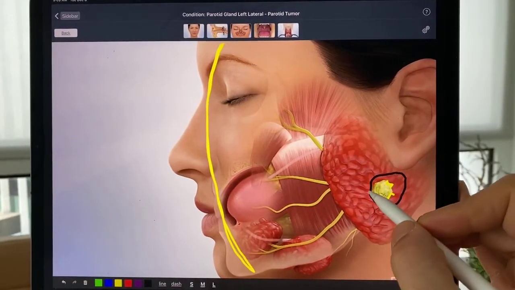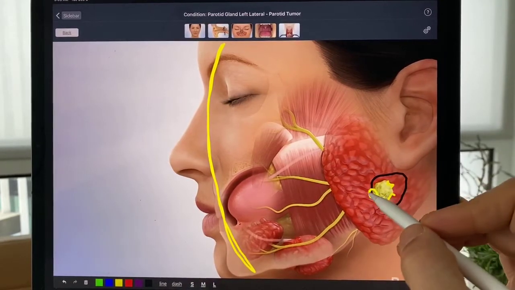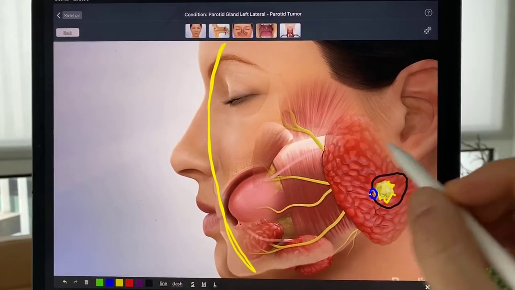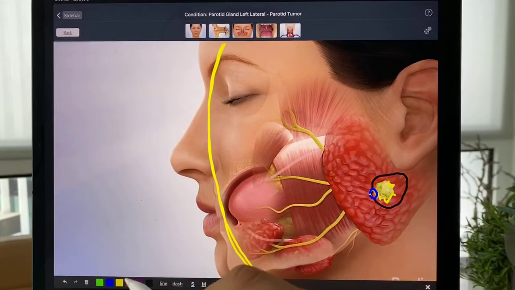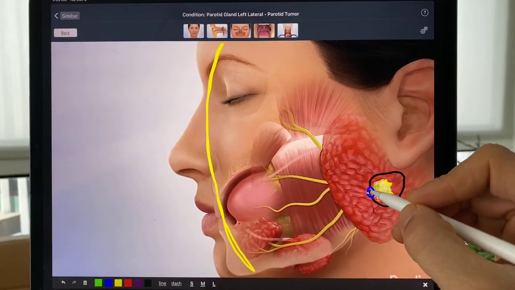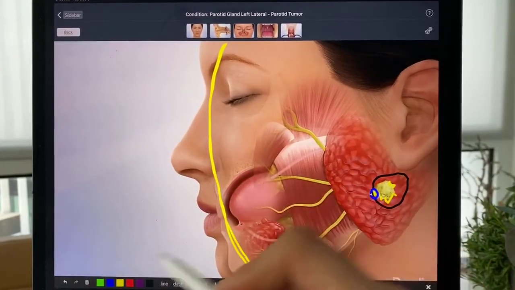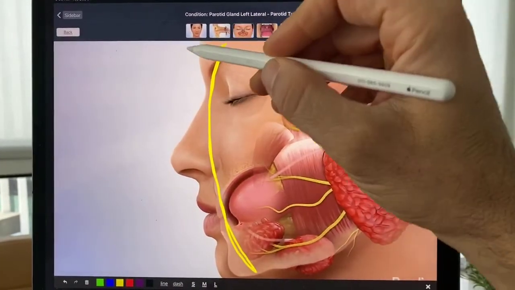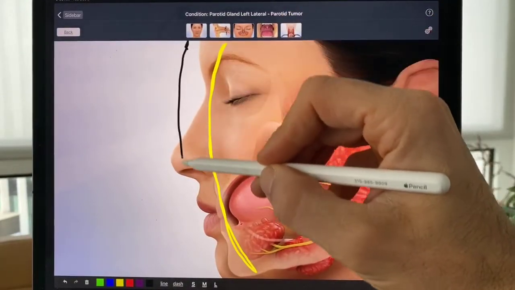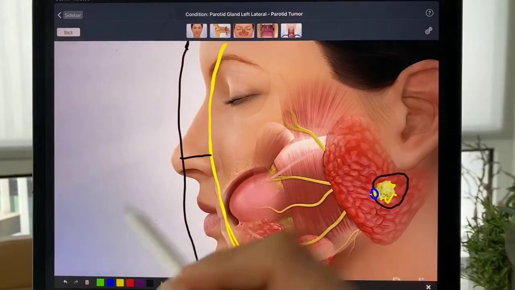You're magnifying this blue part. And that little bit of tumor inside is this big. You magnified it, right? And what was taken out is this. So this distance is 1 millimeter, Letitia, right?